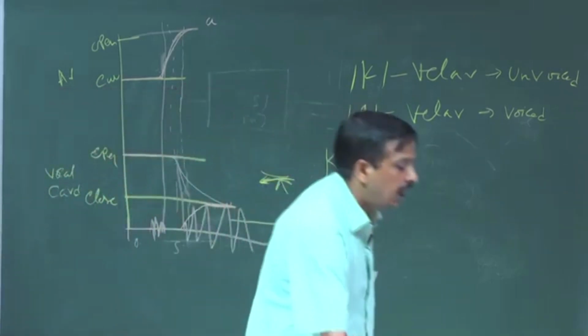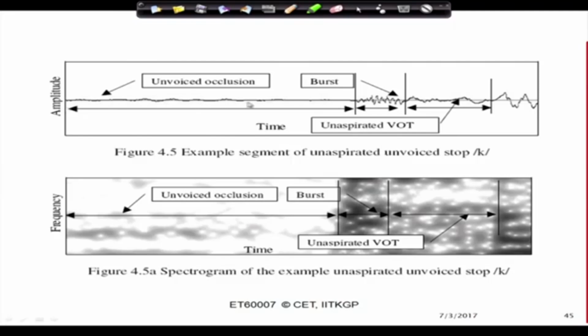Okay, so here if you see, totally unvoiced, nothing, no signal is there: occlusion. Then there is a burst, then there is a gap between the articulator opening and vocal cord closing. That is called VOT, voice onset time.